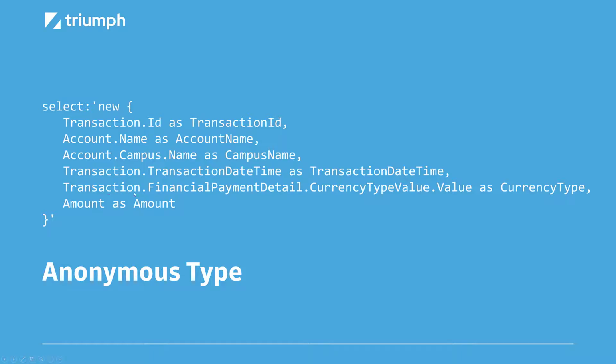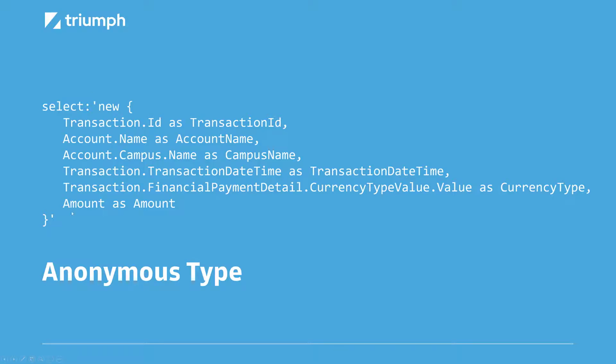I'm going to the transaction, to its financial payment detail, to its currency type value, which is a defined value, and I just want its value as currency type, and amount as amount. So I've basically created 6 grains of rice that I want to come back. Instead of bringing back that whole truckload, I'm just getting little pieces of grain, and I'm telling the computer ahead of time, hey, while you're over there, I need this information, but this is exactly what I need.